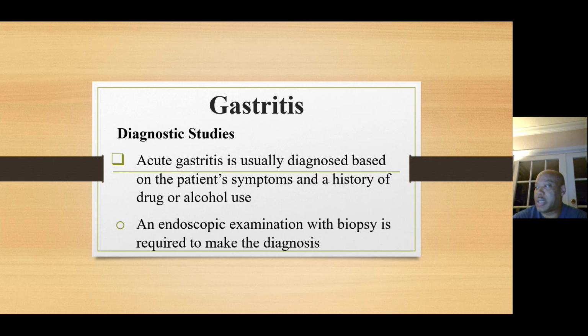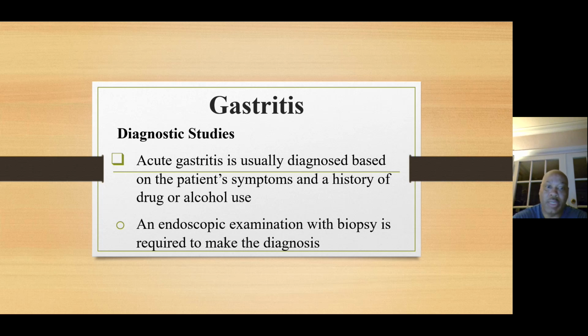An endoscopic examination with biopsy is required to make a more definitive diagnosis. There are also breath, urine, serum, stool, and gastric tissue biopsy tests that are done to assess for H. pylori infection, if that is the cause of the gastritis.